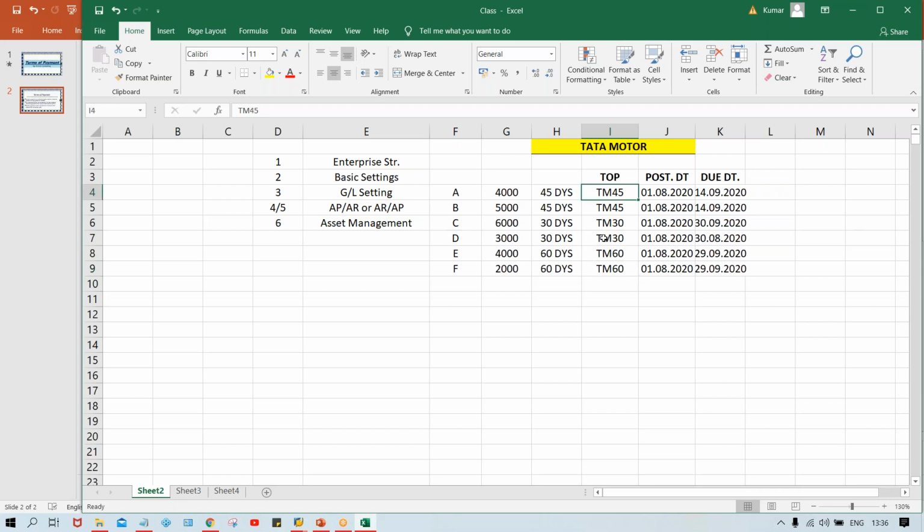So whenever invoices are posted, the system automatically triggers the terms of payment which we have assigned in the vendor master, and the due date is calculated by the system automatically. Look at here, how the work becomes easy, because due date calculation is happening automatically, based on the terms of payment which we have defined here.